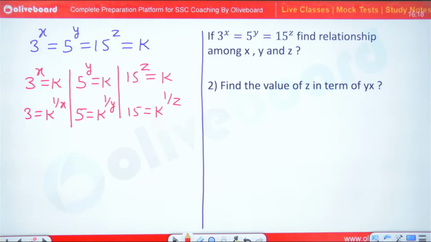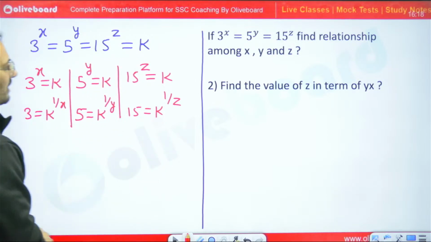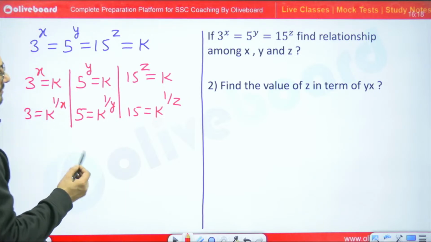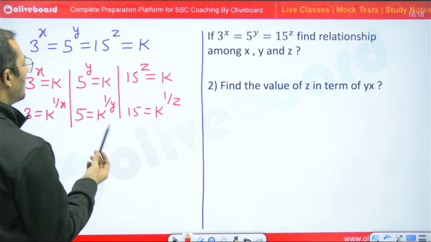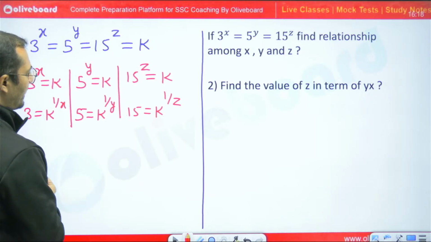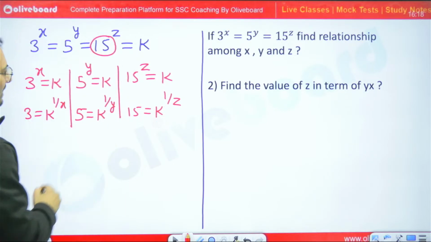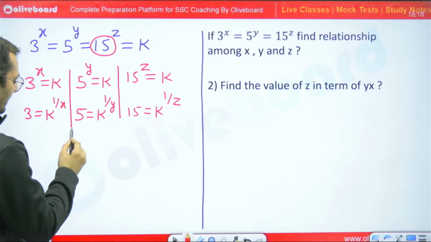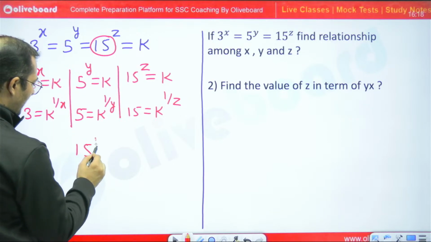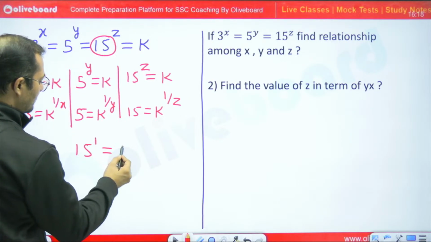Now focus on the base which has the maximum number, or we can say focus on the highest base. So we will focus on this.